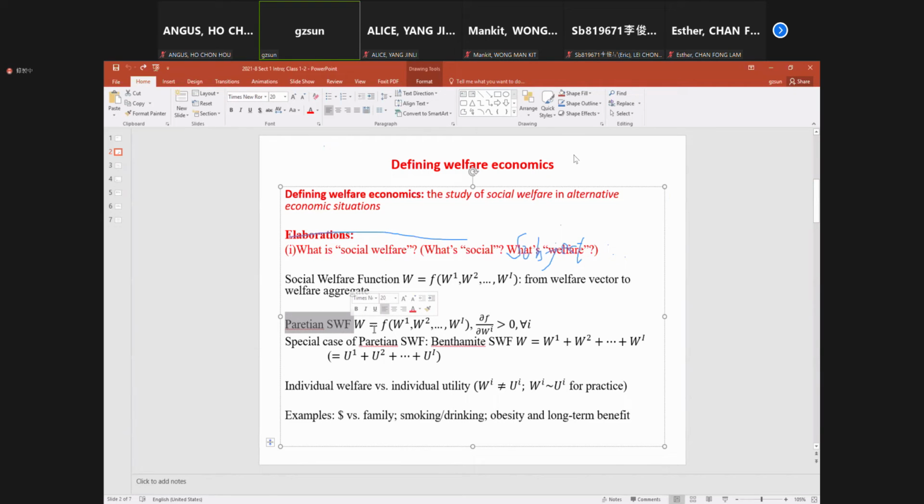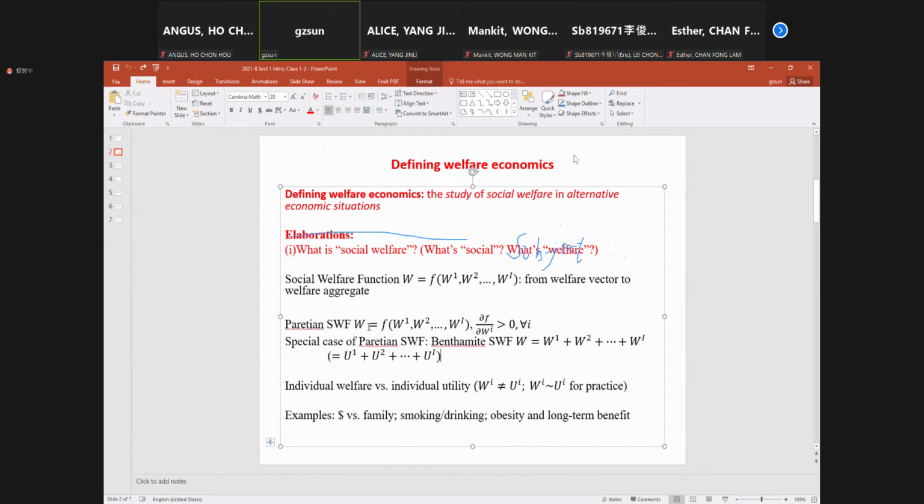That is, if, for example, your welfare doesn't change, nobody's welfare changes except mine, but my welfare increases, and then the social welfare should also increase. This is true for everyone. So, you know, everyone matters. If nobody else is worse off, but somebody's situation becomes better, then we claim that's a good thing, that's improvement for the whole society.